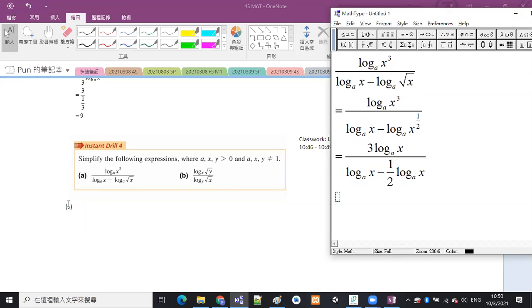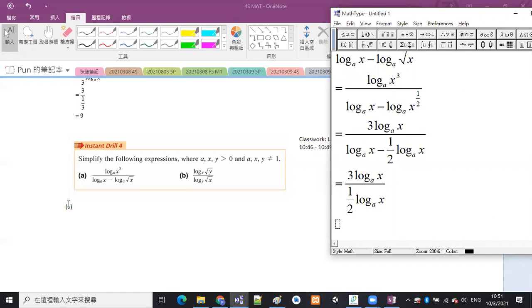Get it? And then just notice that on the bottom part of the fraction, these two are like terms, 1 log x minus half log x, okay? And they can be calculated. So just keep this unchanged, and then 1 minus 1/2 is 1/2 log x base a.